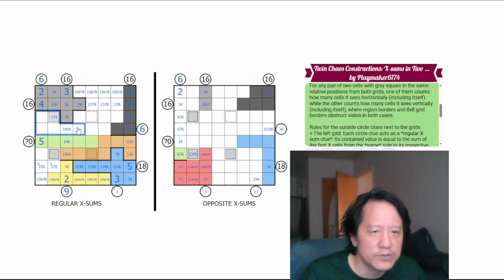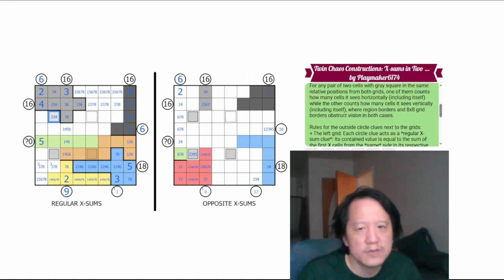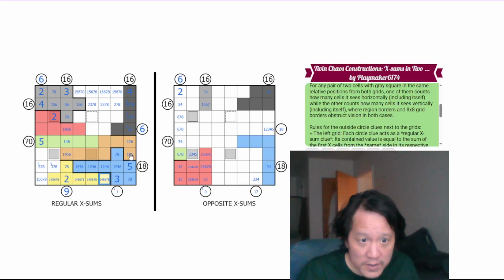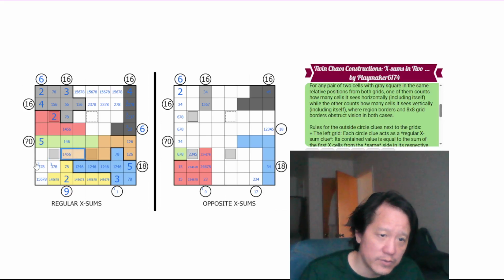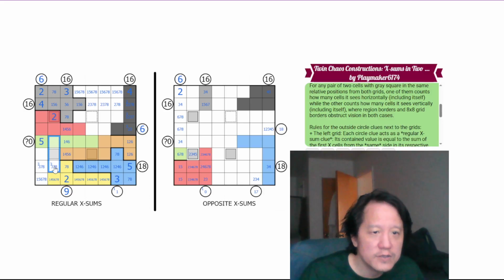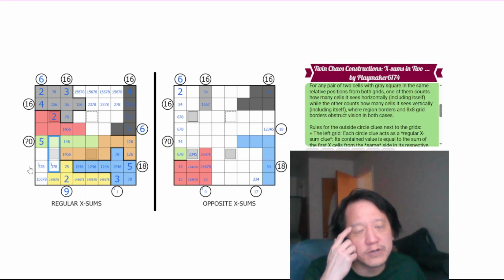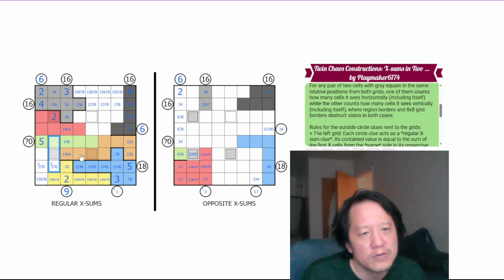This is 2 either way, which would mean this can't be 2. So we have red going that way. This cannot be 2, cannot be orange. It's 2 if it goes that way. It's 2 if it goes... I guess this could technically be green. Oh.